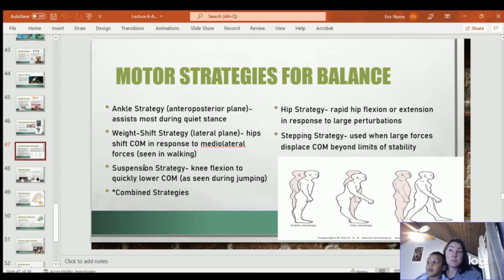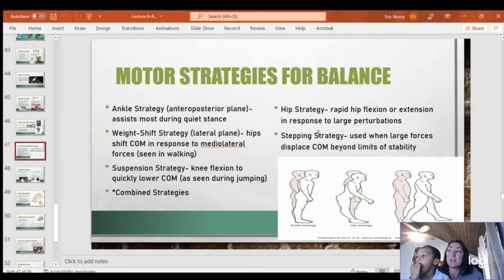Then there's the suspension strategy, bending the knees to quickly lower your center of mass, like when you land after you jump, you quickly bend your knees to absorb the shock. There's the hip strategy, which is bending your hip in response to rapid large perturbation. So it's a rapid bending of the hip in different directions in response to a big sudden change.